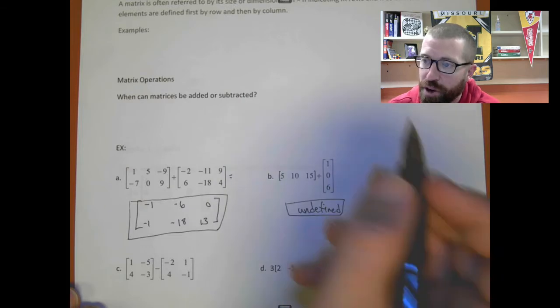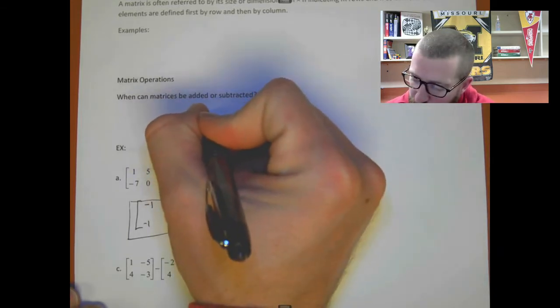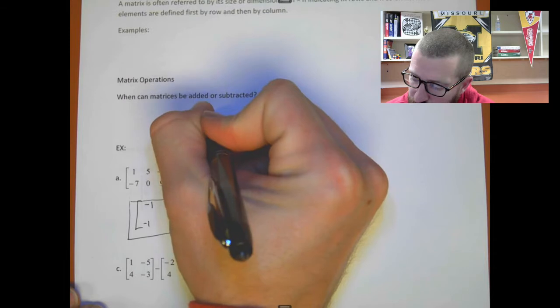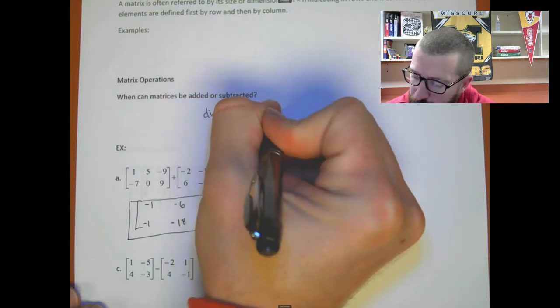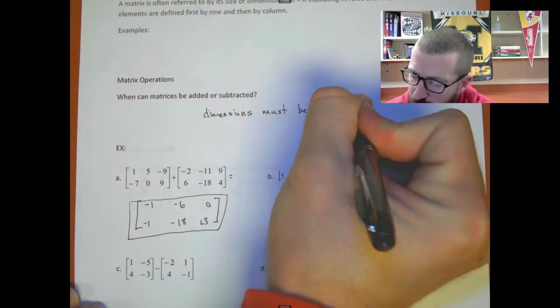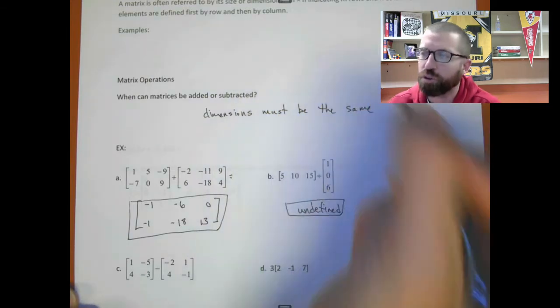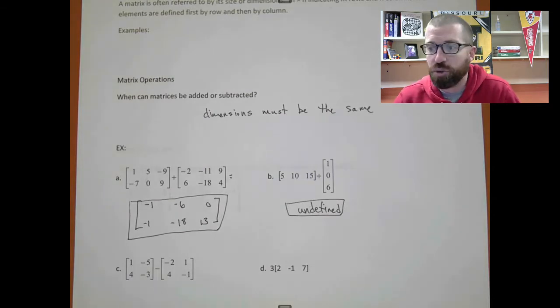So when can matrices be added or subtracted? Dimensions must be the same. If you try to add or subtract matrices that aren't the same dimensions, you'll run into issues. You won't have numbers to add, and you just can't do it.